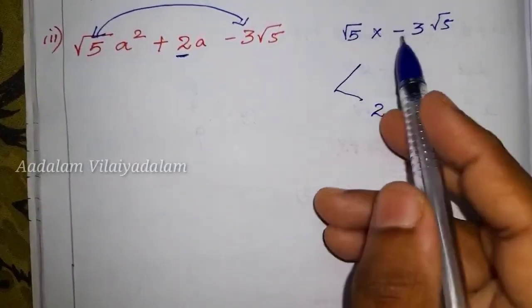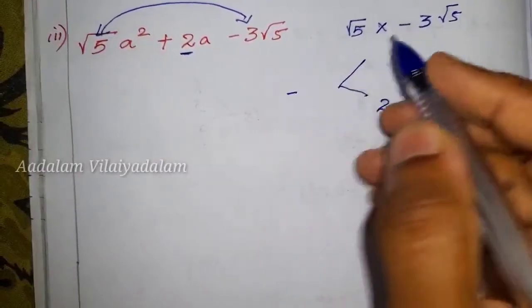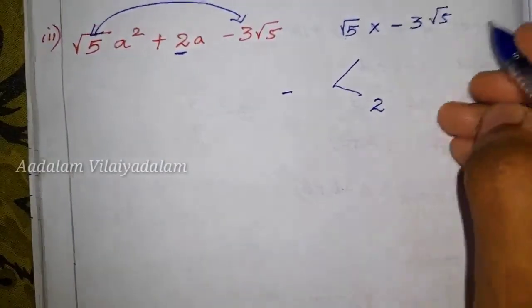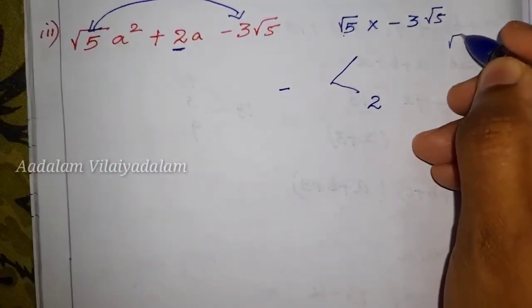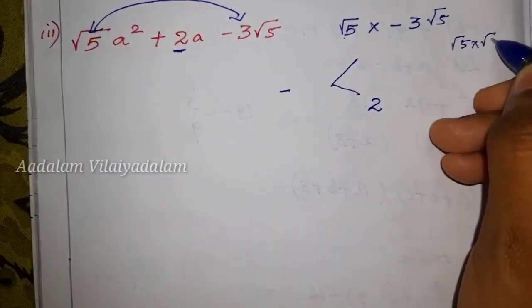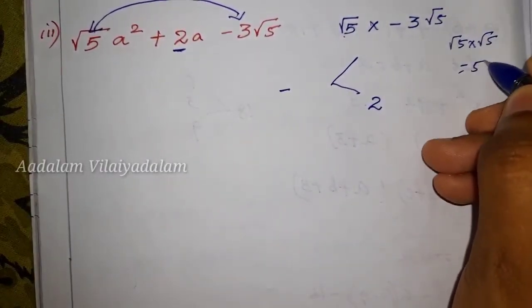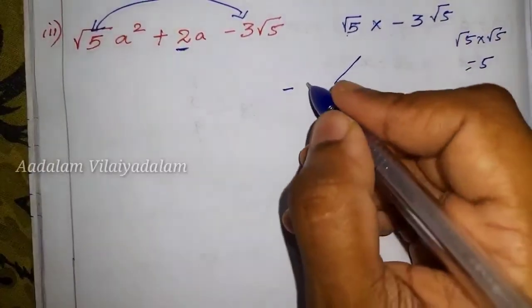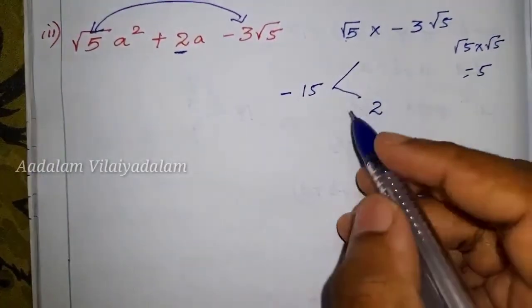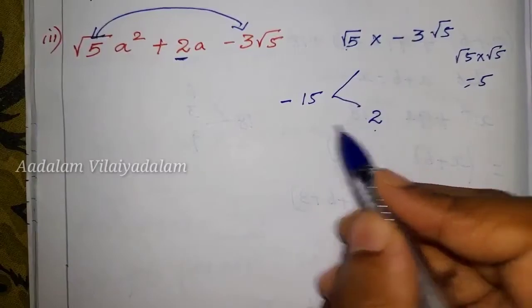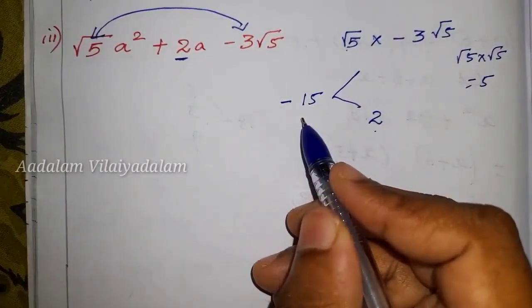Now plus into minus is minus, √5 times √5 is 5, so 5 times 3 is 15. So the sum of the factors is 2 and the product is −15.